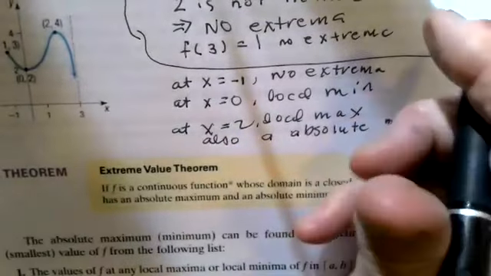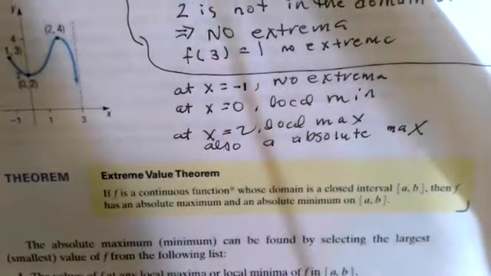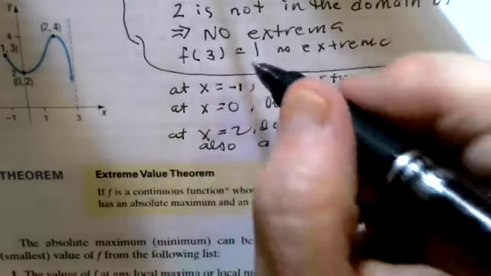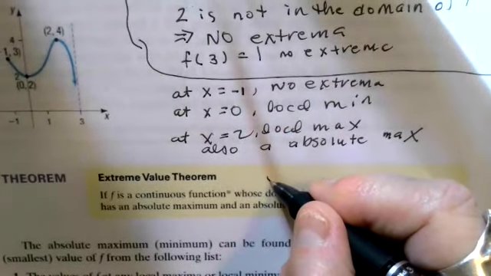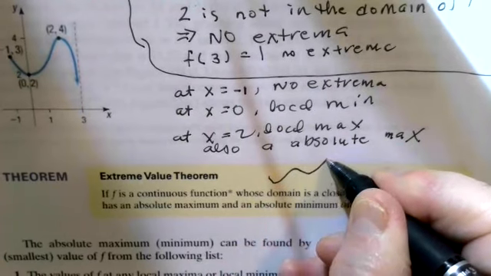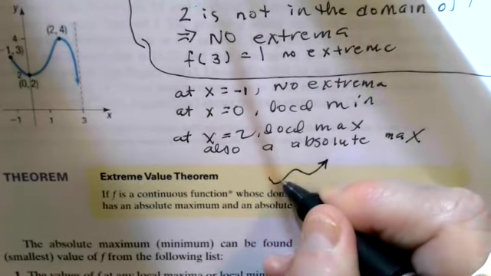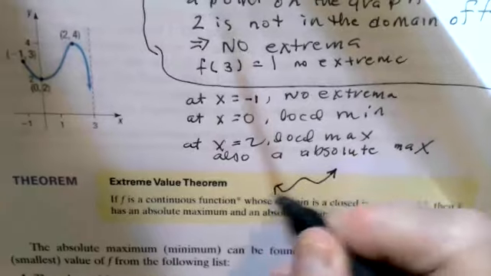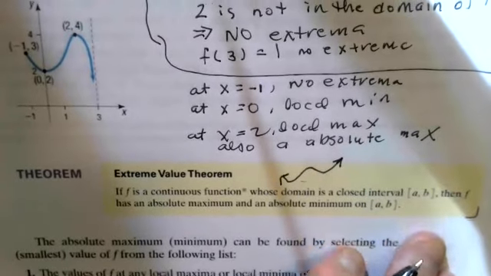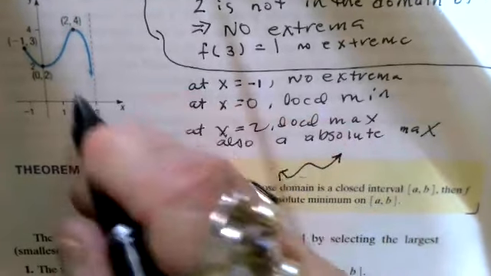And then this is an important theorem, the extreme value theorem. If it's a continuous function, which you don't really know what that means in college algebra, but it means it's a function that doesn't have a hole in it or anything. You can draw it, it's a smooth connected curve, and you can draw it without lifting up your pencil. Like this, the example up here with the holes in the graph, that's really not continuous.